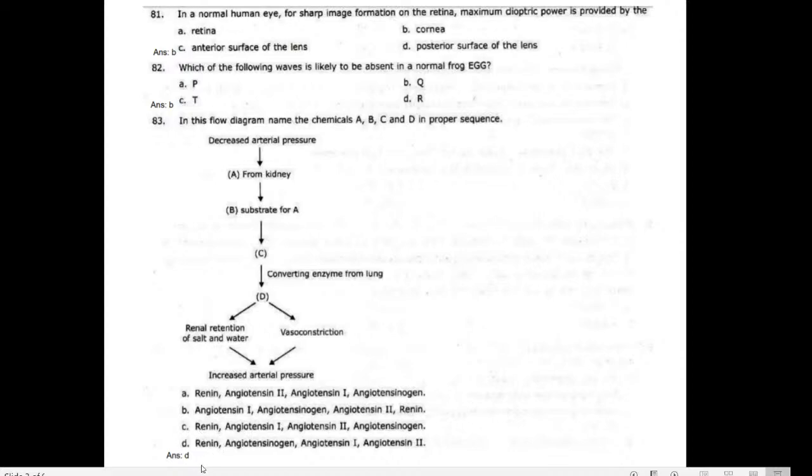If the arterial pressure becomes low, we can go with the answer: renin, an important thing, is produced from the kidney. Here the answer is renin is produced from the kidney. After the production of renin, it needs a substrate, that is angiotensinogen.